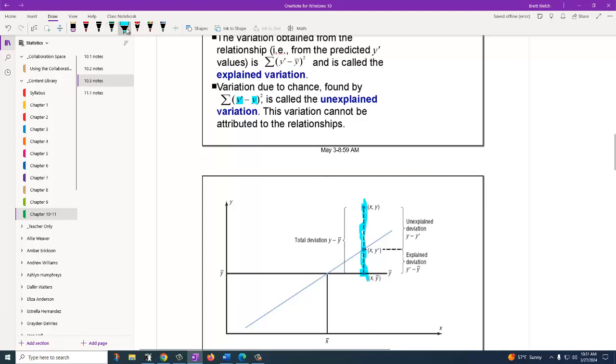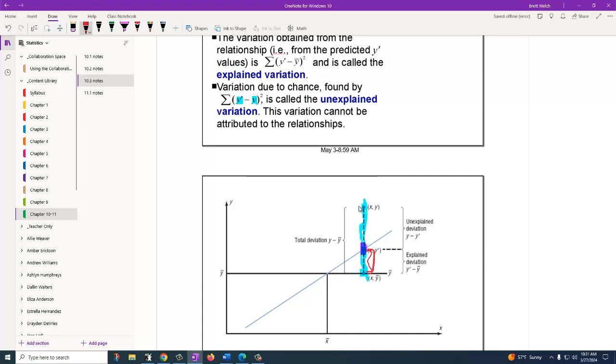So essentially what we're saying is that we expect the point to be there, and so we totally understand and expect this gap. This gap exists because of variation in the x values.